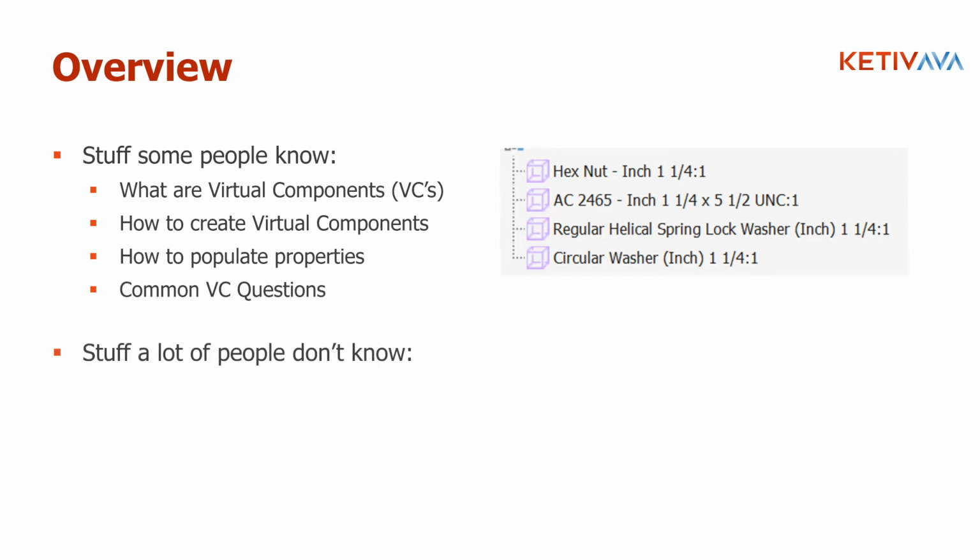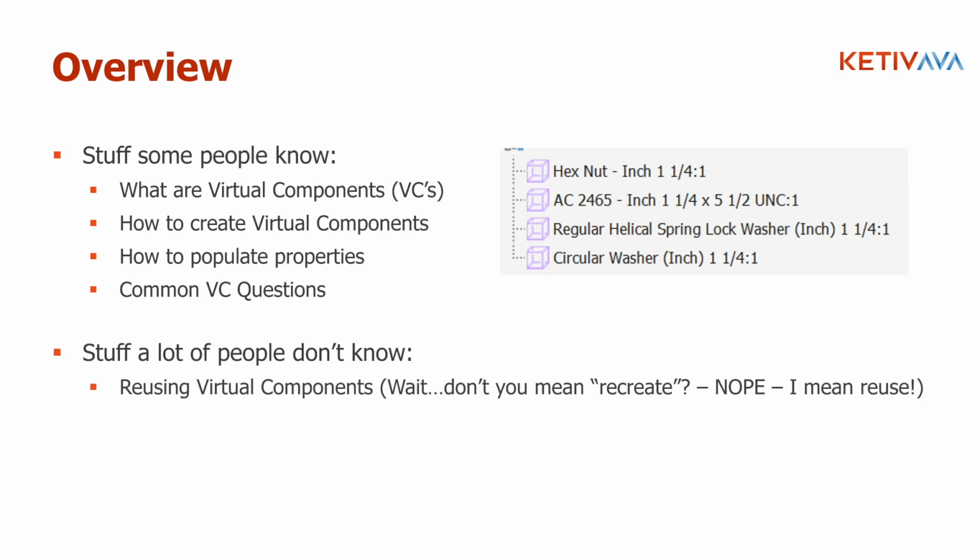Then in our second section, we'll talk about stuff a lot of people don't know about virtual components, because there are things that virtual components do that I find most Inventor users, even those who know virtual components are there, don't know they can do. For example, reusing virtual components. No, I don't mean recreate, I mean reuse. Yes, you can reuse them, and quite easily.